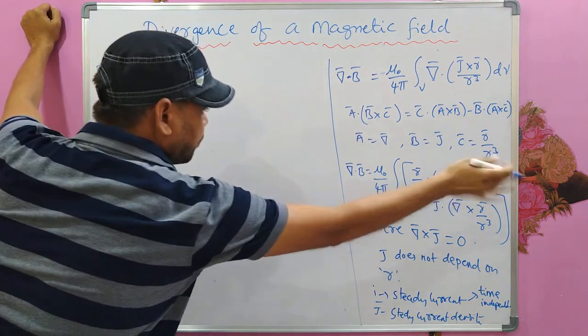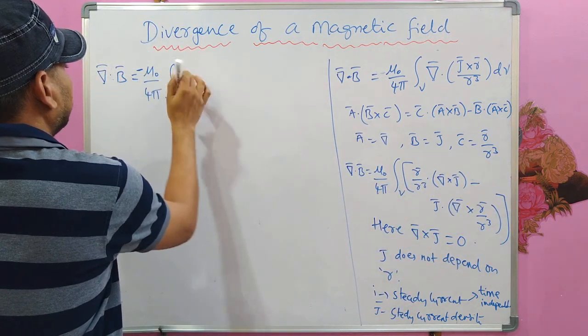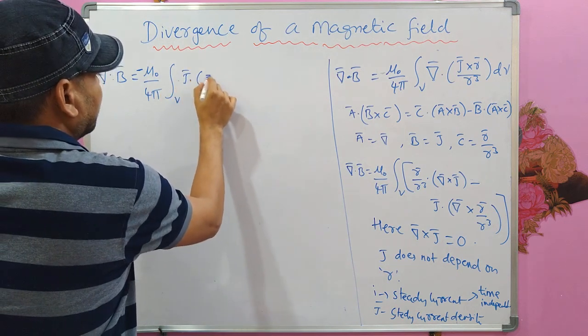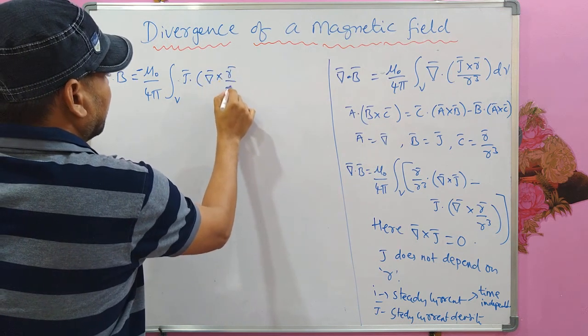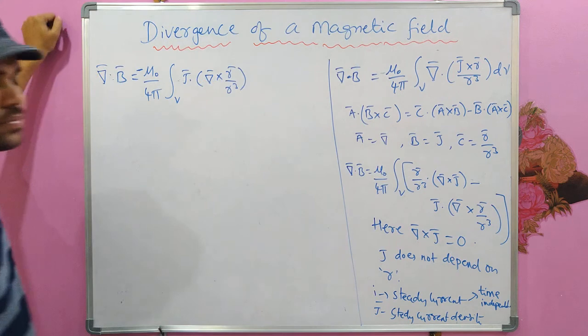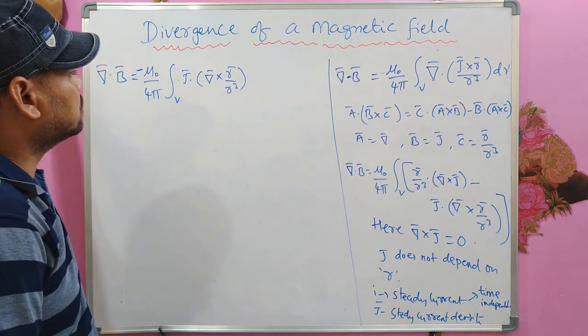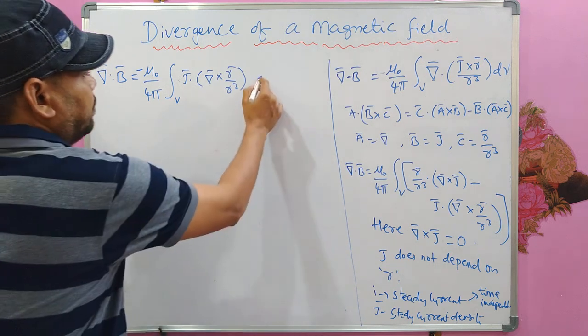The first term would vanish, minus, so I am putting that minus outside, J bar dot del cross R bar by R cube into dV.